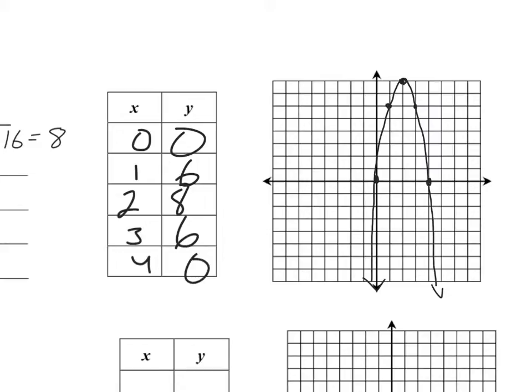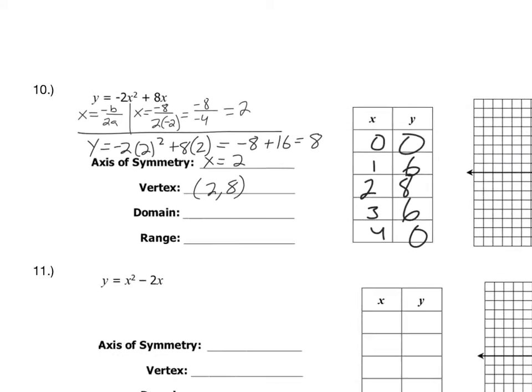Just like that. All right, now it's going down, and that should make sense because our a was negative. Remember, if a is negative, the parabola will be opening downward, which means the vertex would be a maximum. Now your domain in this case is always going to be all reals, and then for the range, remember, it's going to be y is either less than or equal to or greater than or equal to, depending on which way the parabola is opening, and then it'll be the y value of your vertex.